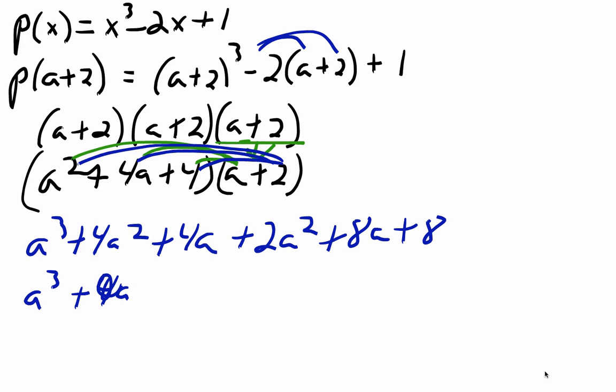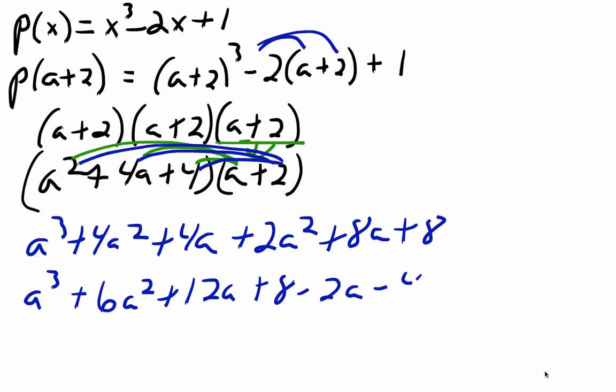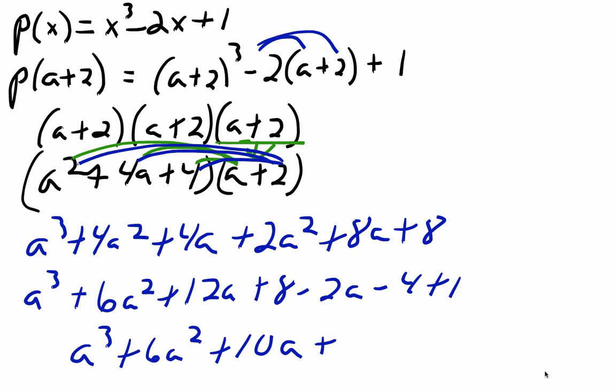Boy, I'm making a lot of mistakes here, aren't I? At least I'm catching them. 6a squared plus 12a plus 8 minus 2a minus 4 plus 1. So my answer would be a cubed plus 6a squared plus 10a plus 5.